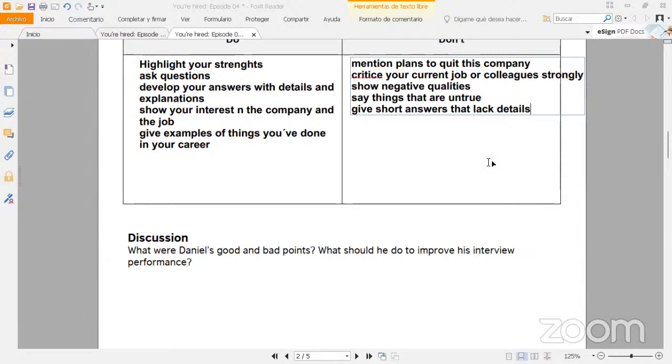I think if he were more honest in his CV, they wouldn't have called him. He should be more professional and not say that he wants to stay only a few months in that company. He should talk about his experience with more detail and show interest in the job position.